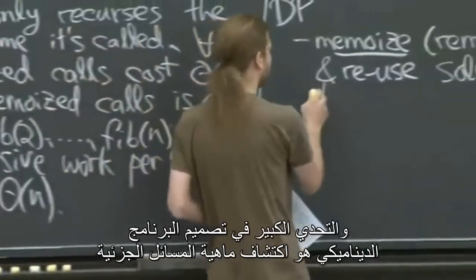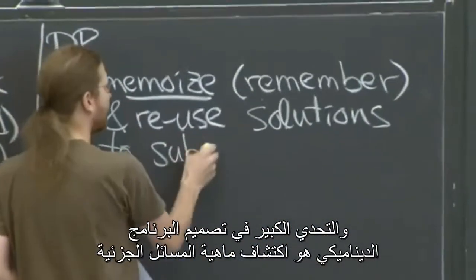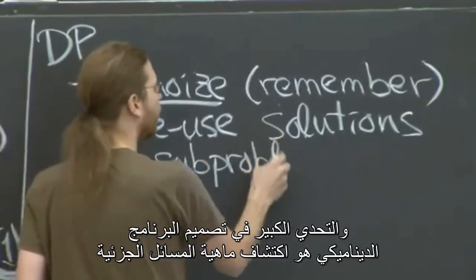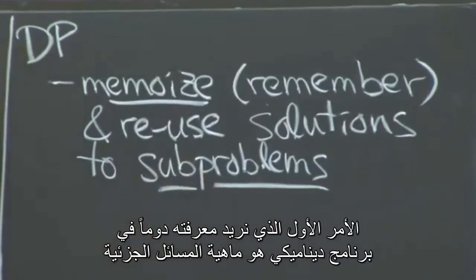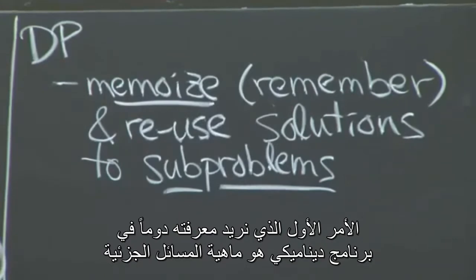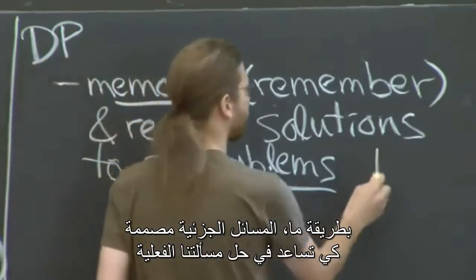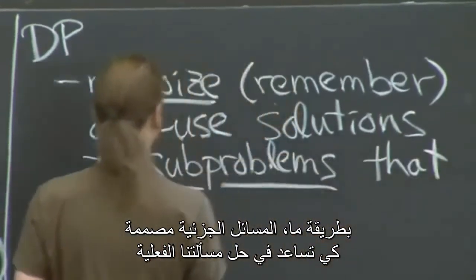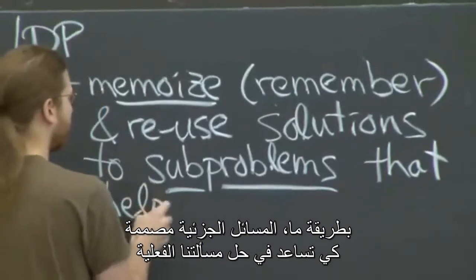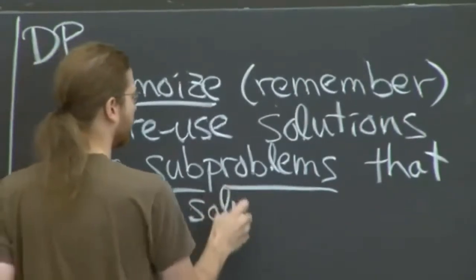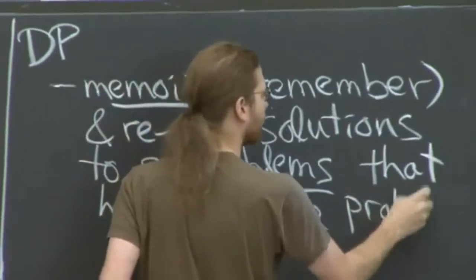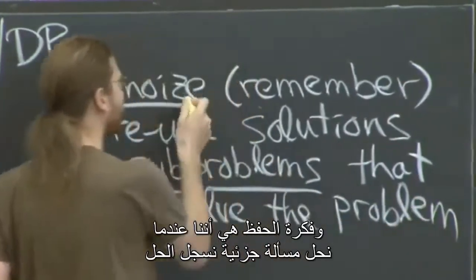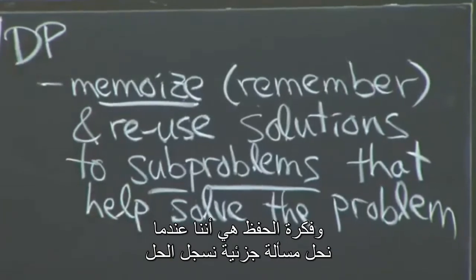And this is the big challenge in designing a dynamic program, is to figure out what are the subproblems. Let's say always the first thing I want to know about a dynamic program is what are the subproblems. Somehow they are designed to help solve your actual problem. And the idea of memoization is once you solve a subproblem, write down the answer.